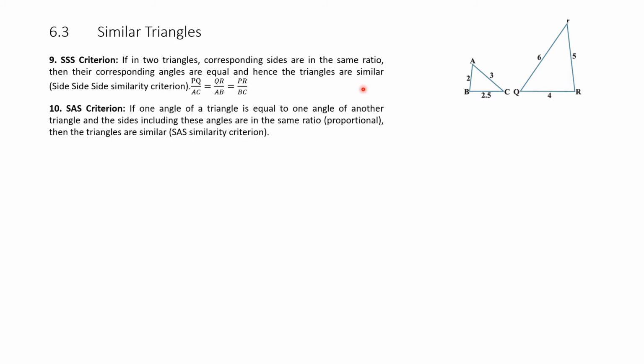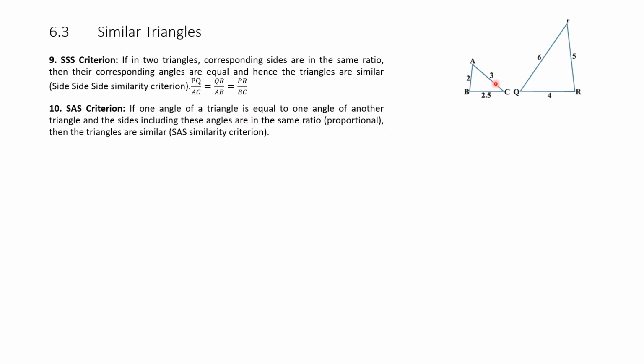SAS criterion. If one angle of a triangle is equal to one angle of another triangle and the sides including these angles are in the same ratio, then the triangles are similar. That is SAS similarity. Here any one angle of a triangle is equal to one angle of the other.